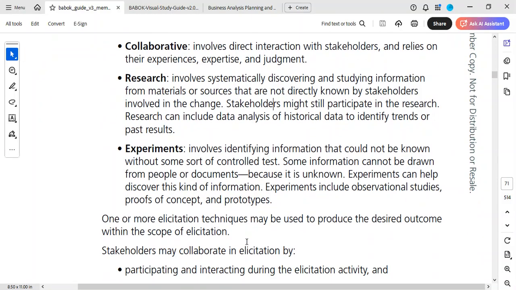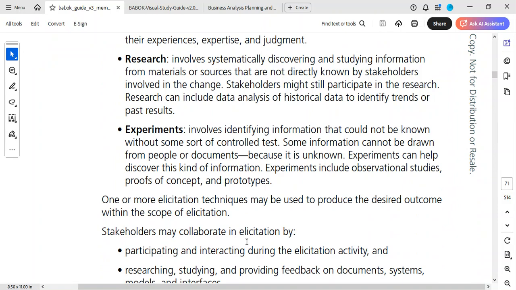Now, experiment involves identifying information that could not be known without some sort of controlled tests. I will explain this. Some information cannot be drawn from people or documents, which is so obvious.